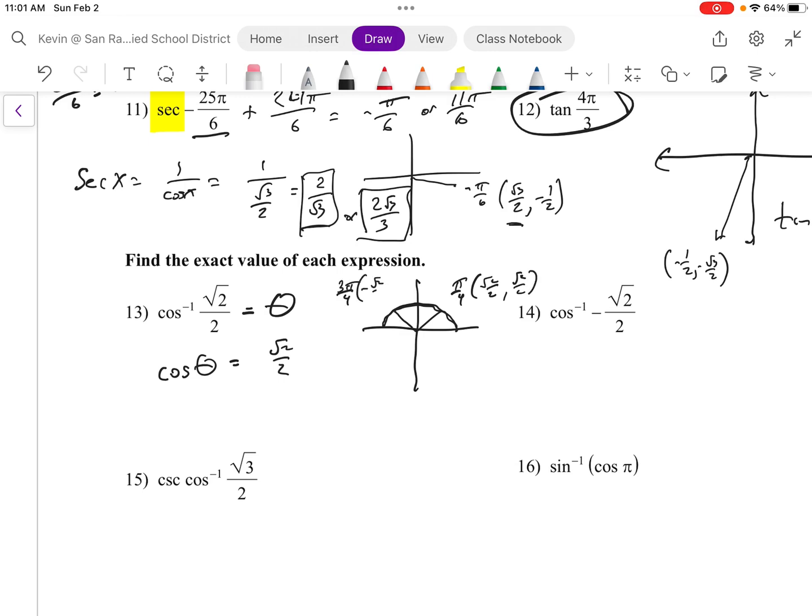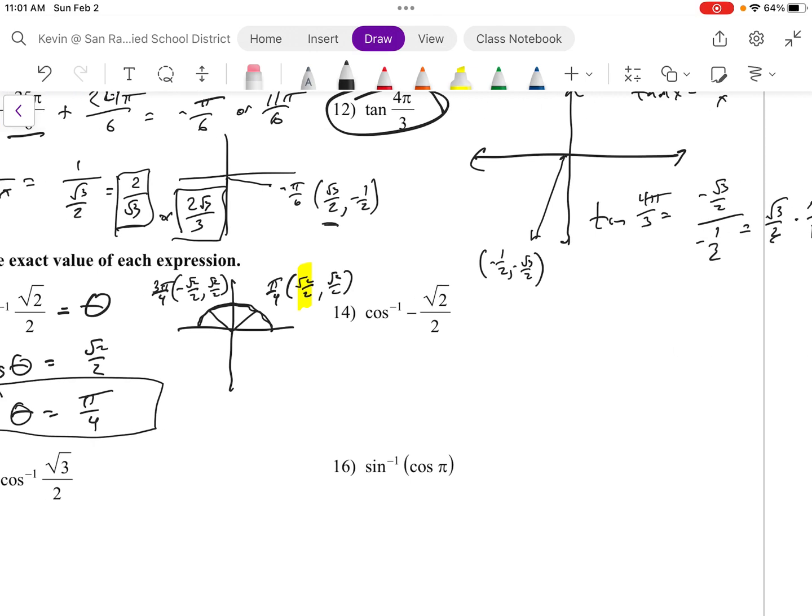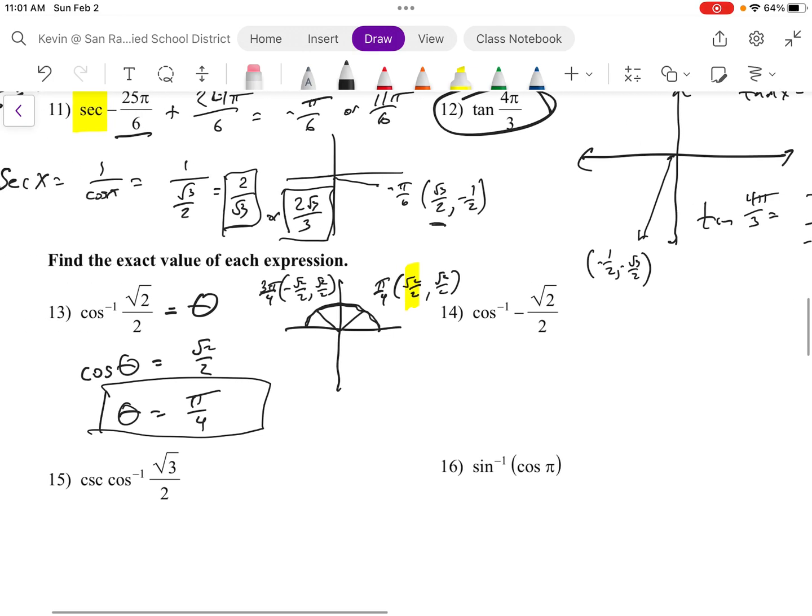Cosine is. Sine is also root 2 over 2. At 3 pi over 4, it's negative root 2 over 2, root 2 over 2. So the answer here has to be pi over 4. So theta equals pi over 4 because it's within the first and second quadrant and it's positive.